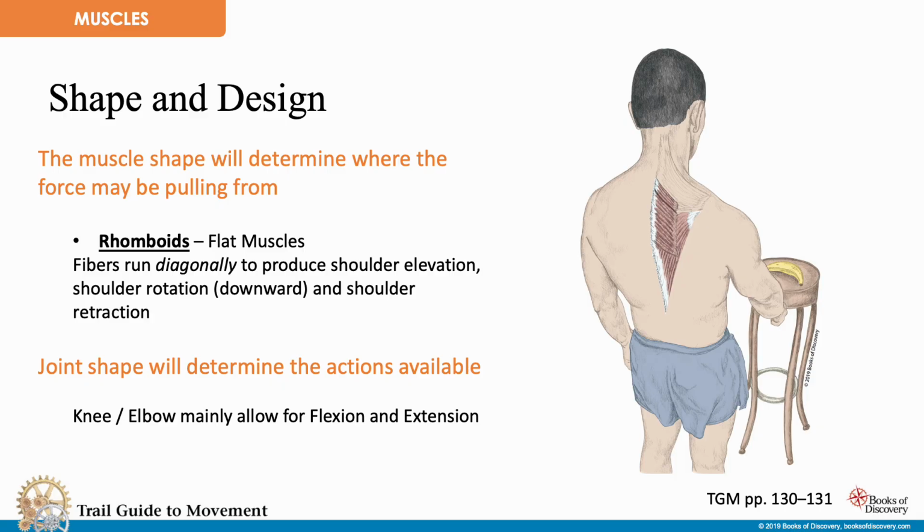So this is why we need to visualize the fibers under the skin. When you're working on the rhomboids, don't just rub up and down, follow the diagonal design. If you work with the grain of the muscle's architecture, you're going to get much better results than if you're just scrubbing across it aimlessly.